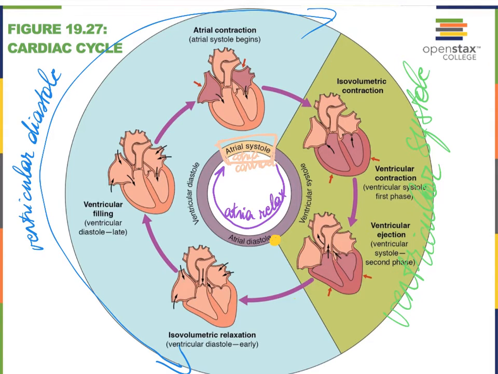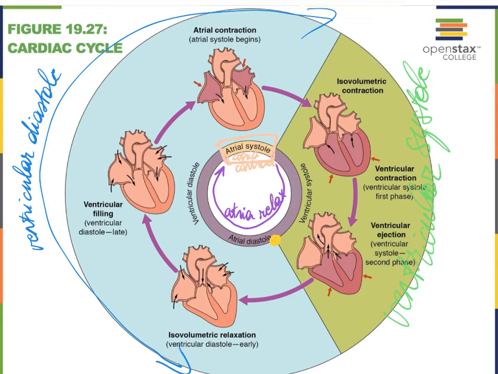Then we're going to once again see an isovolumetric phase called the isovolumetric relaxation. And once again, for a fraction of a moment, we do not see any change of volume in the ventricles. This occurs right before the heart, especially the ventricles, fully relax, and that will allow for blood to start filling the ventricles again.